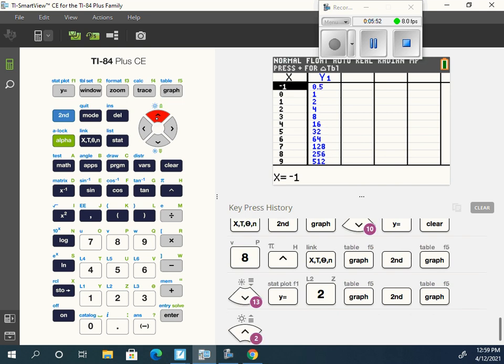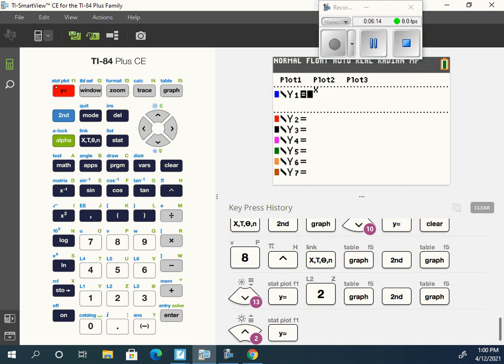For exponential growth, when x is 0 and x is 1 are going to be 2 key points. When x is 0, the value of y is 1, because anything to the 0 power is 1. When x is 1, the value of y is 2. It'll work out that way almost every time for exponential growth.